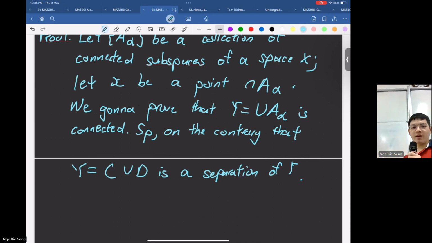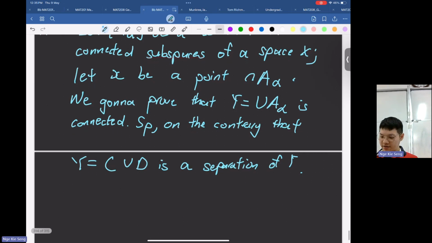So what happened here? What happened to the point P? P is a point in Y, right? So can it lie in both C and D or not? Cannot, because C and D are disjoint already.